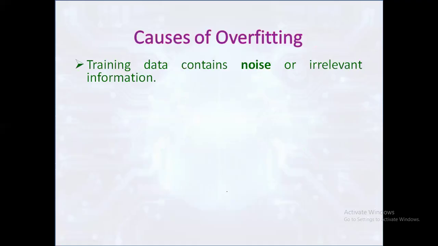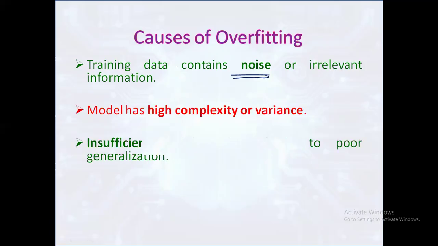Next, causes of overfitting. One major cause of overfitting is the presence of noise or irrelevant values in the training data set, as I've said already. If the model tries to learn this noise, it becomes too specific and fails to generalize to clean or new data.